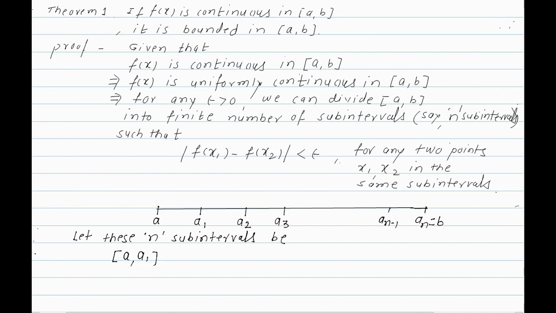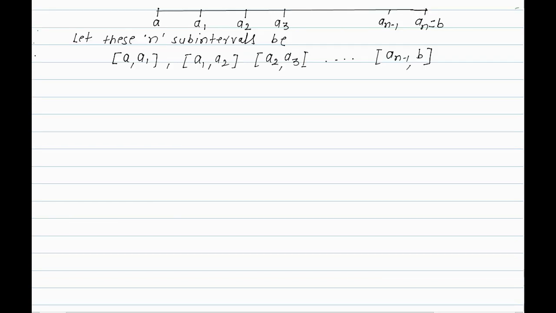So let these n subintervals be, first is a comma a1, second is a1 comma a2, third is a2 comma a3, and so on. Last is an minus 1 to an, but an is b. We now prove that f of x is bounded on each of these intervals.